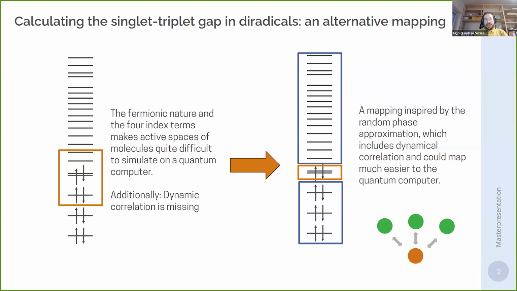In this transformation, the majority of the effects of the active space are encoded in a bosonic environment. Bosonic is important here. Only a four-level system remains that encodes this singlet-triplet physics, and the rest is done with the interaction with the bosonic baths. I'm just giving the motivation here.